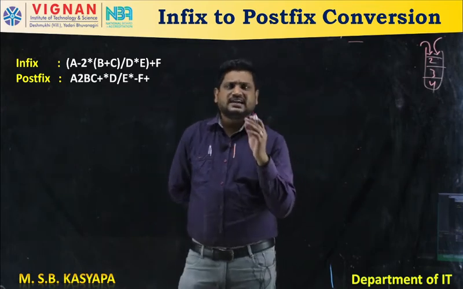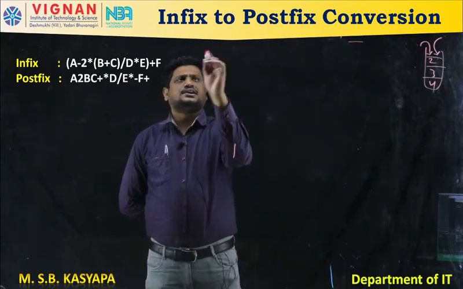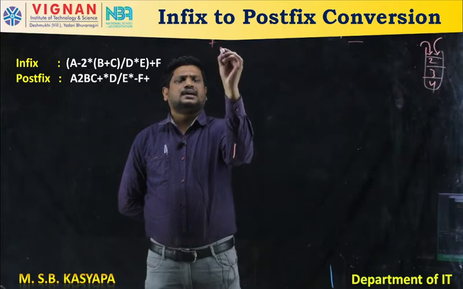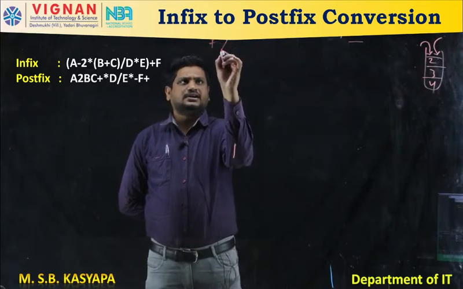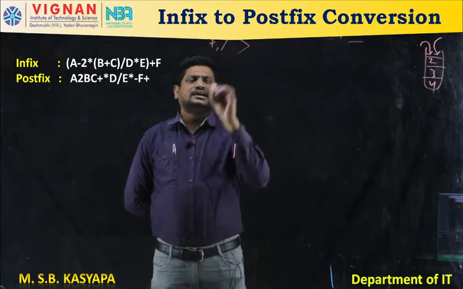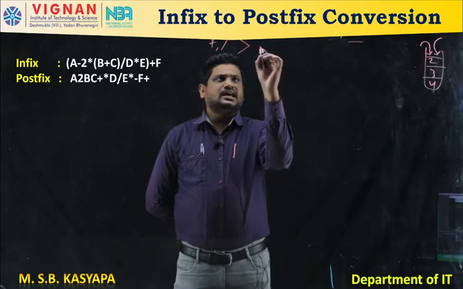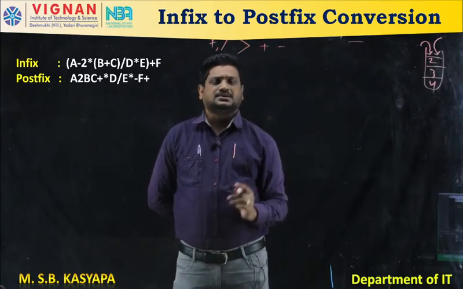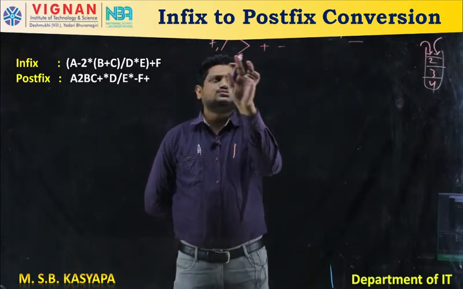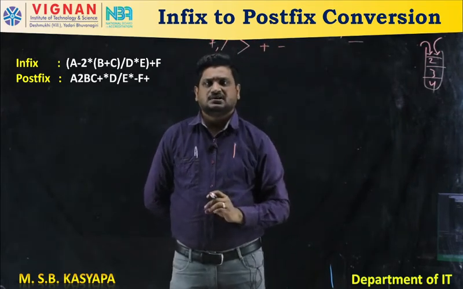Let us write the precedence once again. Multiply and divide have a greater precedence than plus and minus. Mostly we use only these four operators in arithmetic operations, am I right?